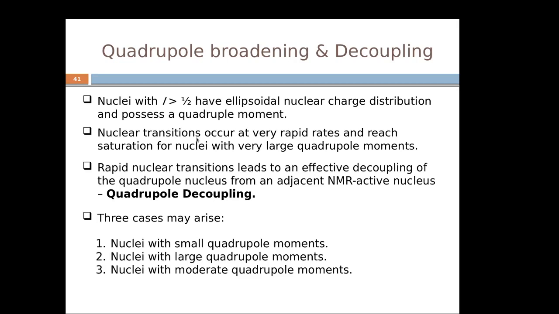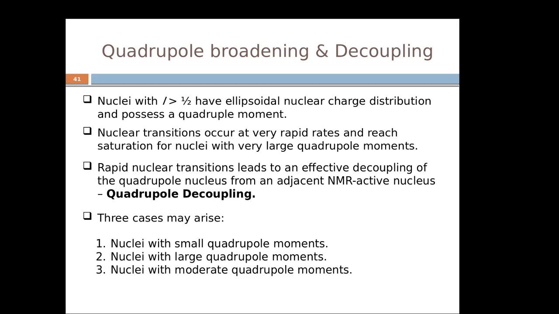For example, as you know, the proton nucleus has only two nuclear spin states, whereas nitrogen, which has I equal to 1, has three nuclear spin states. The lower energy spin state has Mi equal to 1, then the next nuclear spin state has Mi equal to 0, and the highest energy nuclear spin state has Mi equal to -1.